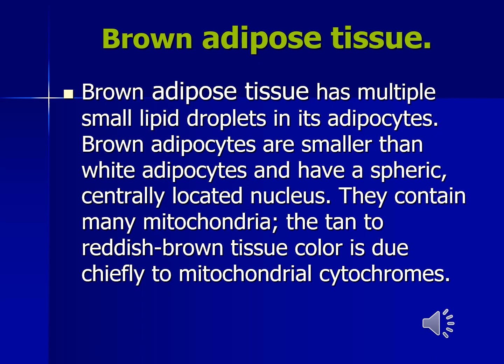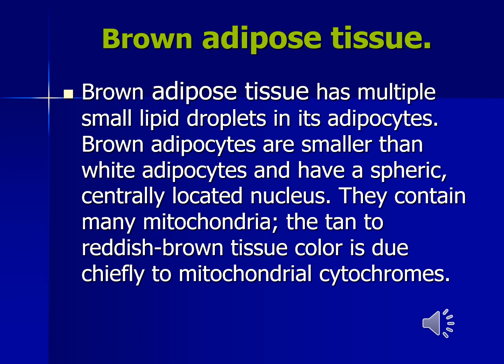Brown adipose tissue includes adipocytes which have many small lipid droplets, opposite of the white adipocyte, and a central location of the nucleus. The cell has a really brown color without staining because in the cytoplasm there are many mitochondria, and in mitochondria there are many cytochromes, and as a result brown adipose tissue has brown color.